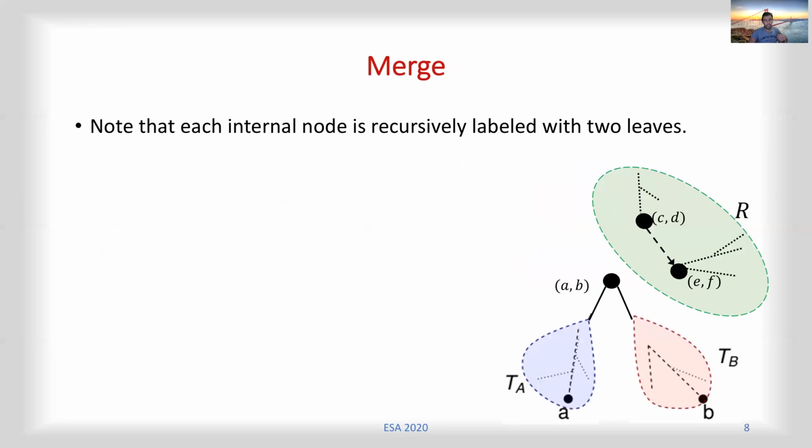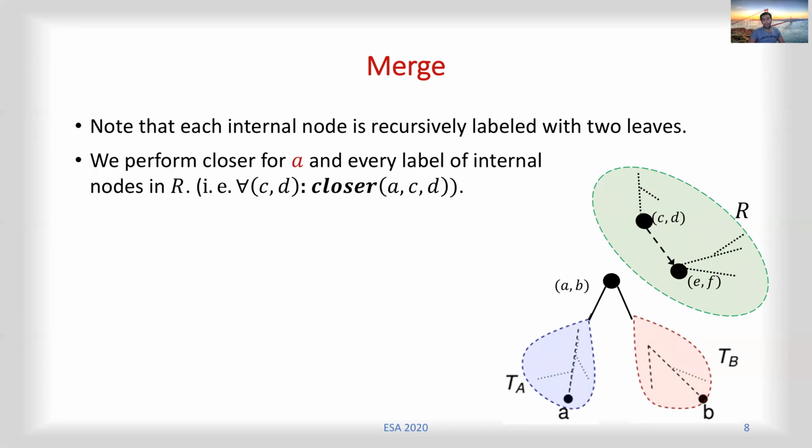So in order to complete the proof, we just need to find out what is the parent of the node labeled as AB. In order to do that, we just need to find the first point where the node A is closer to one of these C and D, but is not closer to E and F than the pair itself.